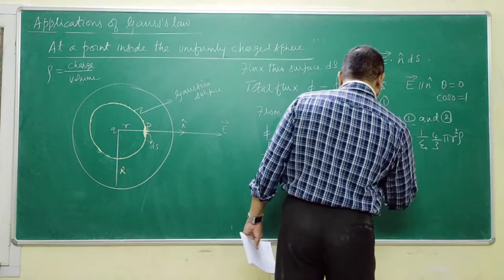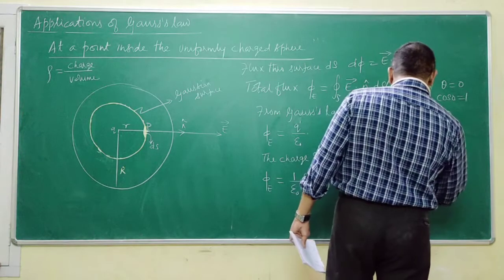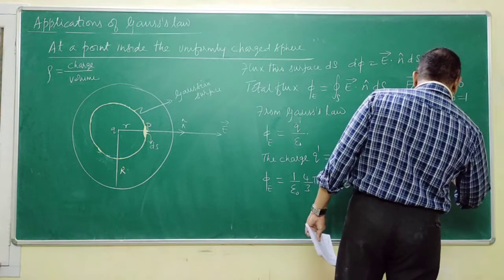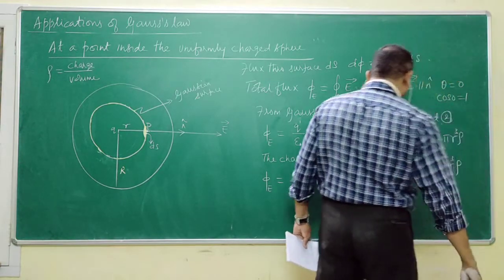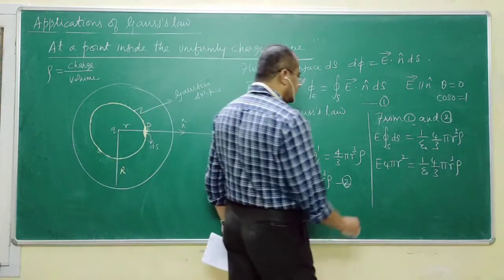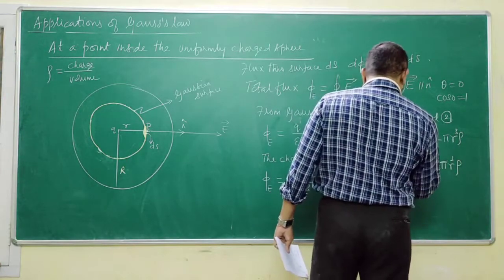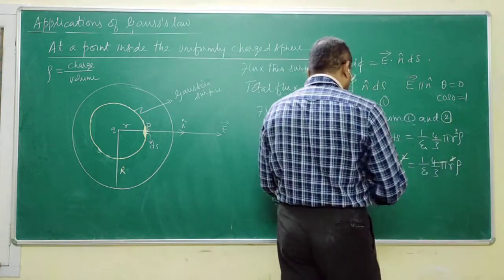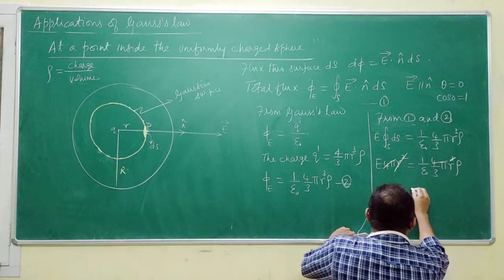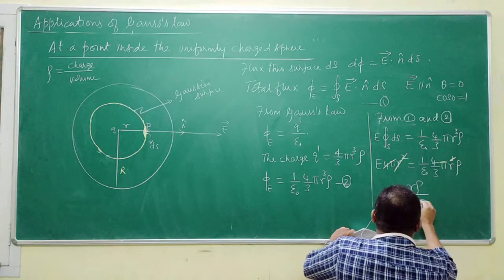This is E, surface area of the sphere of radius smaller r, 4 pi r squared, is equal to 1 by epsilon naught into 4 by 3 pi r cube rho. Now strike off 4 pi r squared, you are ending up with E equal to r rho by 3 epsilon naught.